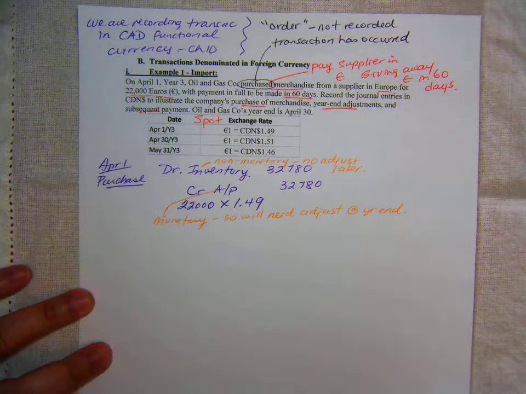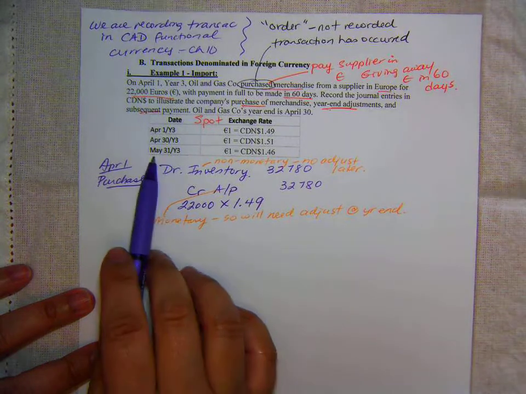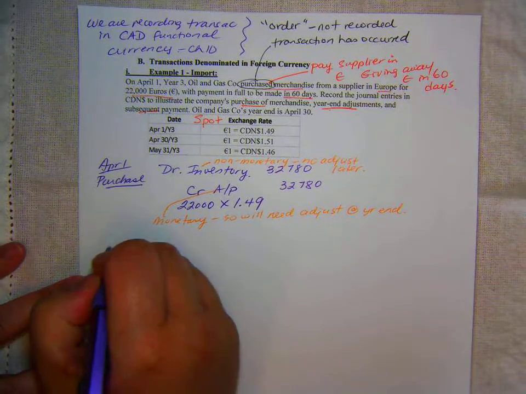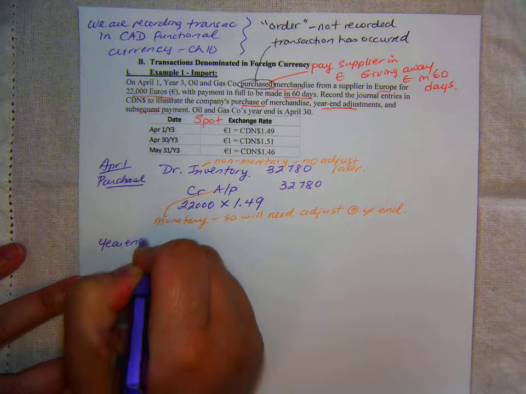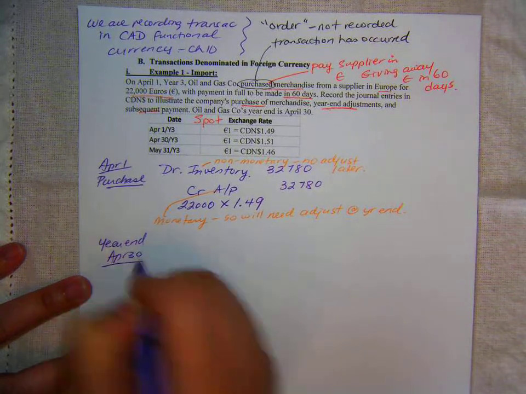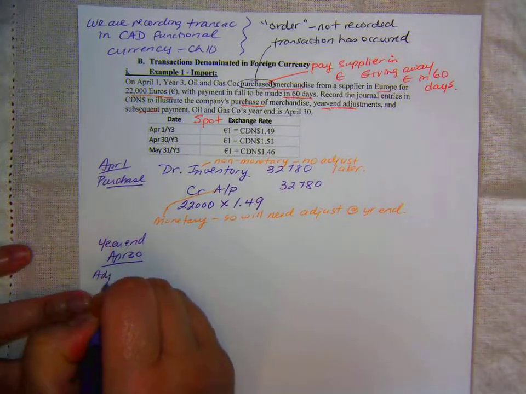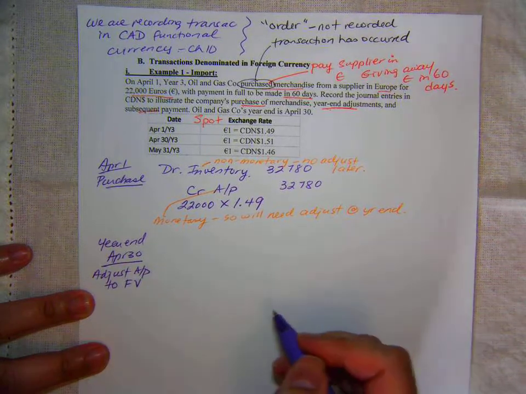So, after April 1st, our purchase, when's the next time we have an entry? Well, year end. Now, if year end wasn't till August, we'd go right to May 31st. But year end's in the middle. So, we're going to put year end of April 30th. And we're going to adjust AP to fair value.